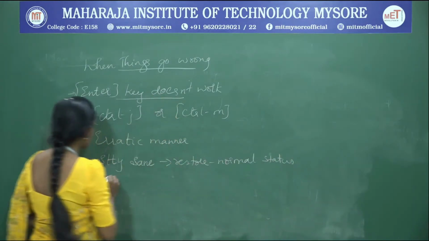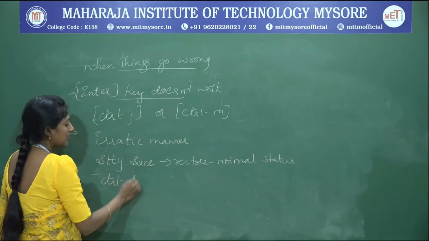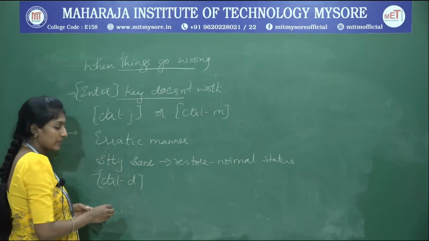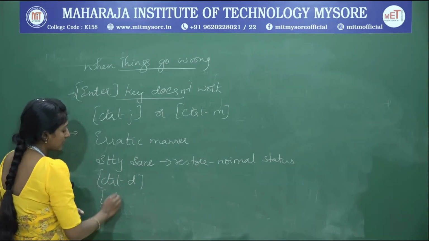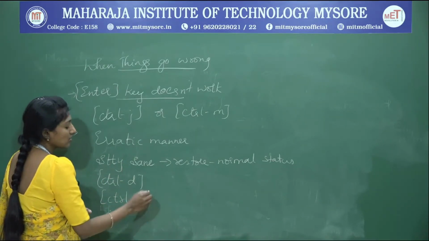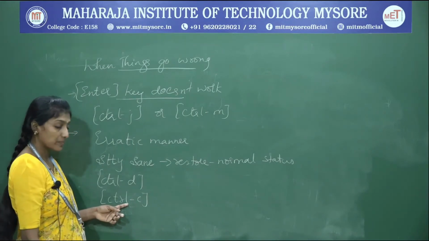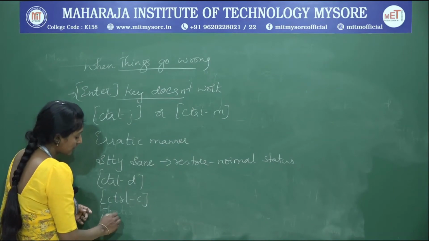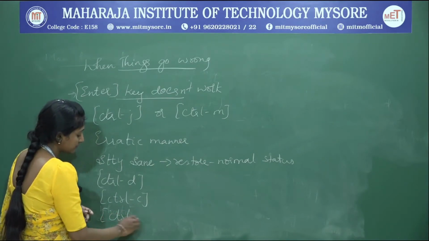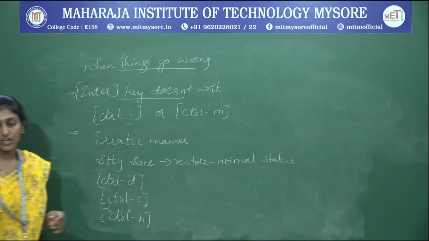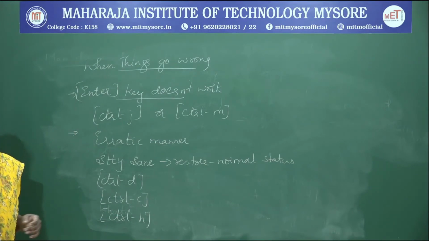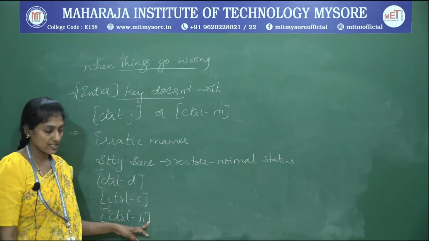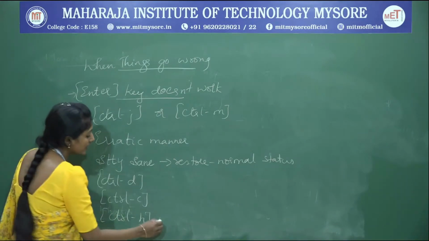As I have already mentioned, Control D is for terminating the command and Control C is for interrupting a command. Next, we have seen Control H for backspacing. If backspacing doesn't work, just press Control H or Delete.